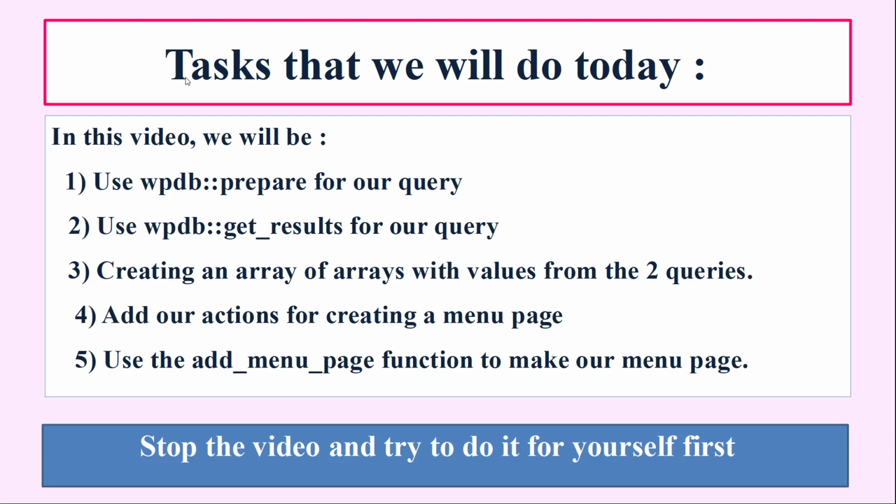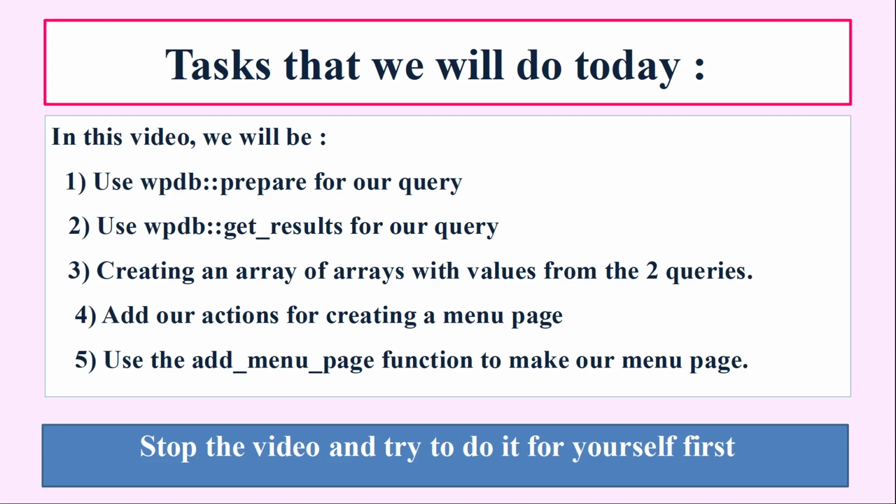So we're going to be using that WordPress database object to create a SQL query that we'll send to the database. We're going to be using the get_results method instead of the get_var method that we used last time, because we're not going to get one result, we're going to get multiple results. And importantly, we're going to be querying 2 tables.